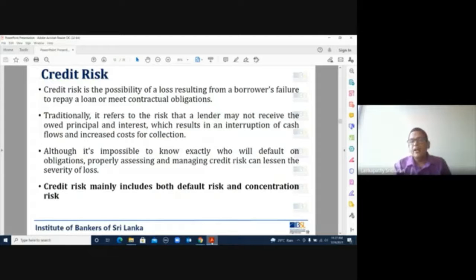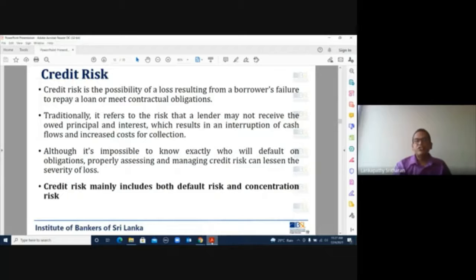What will happen now? Due to the issues in the tourism sector, the COVID-19 cases and earlier the Easter Sunday attack, tourism got affected from 2019 onwards. Then they are struggling to repay the loans, so that concentration may affect the particular bank and finance institution. I think now you all got the point of concentration risk.